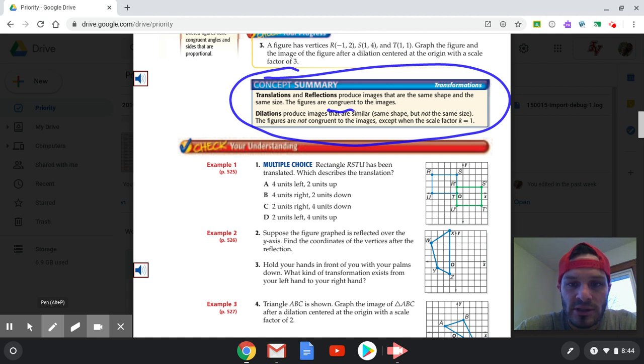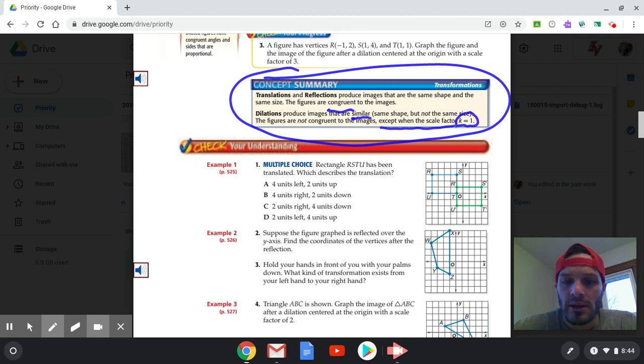But in dilations, you get similar shapes, right? Because the object is getting bigger or smaller, it creates a similar figure, which means the lengths of the lines are proportional, but the angles all still stay the same. Except the only time that we get congruent shapes is when the scale factor is exactly 1.